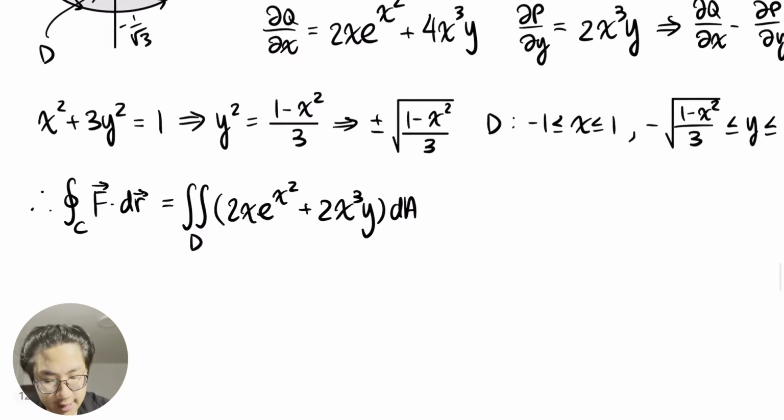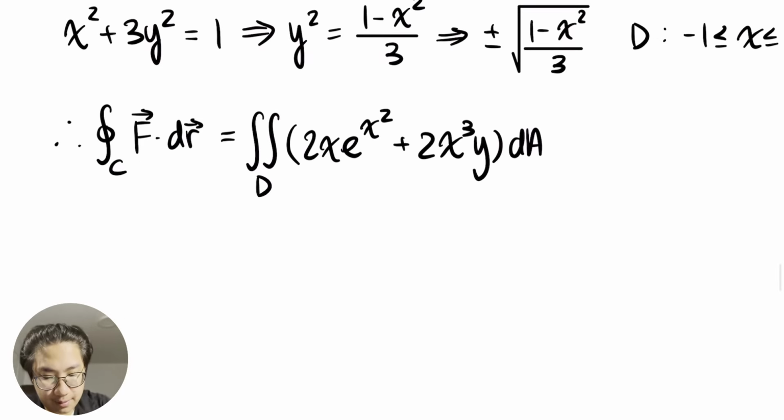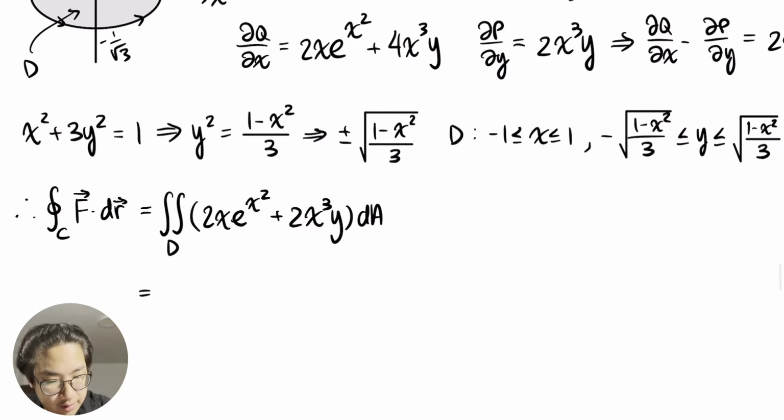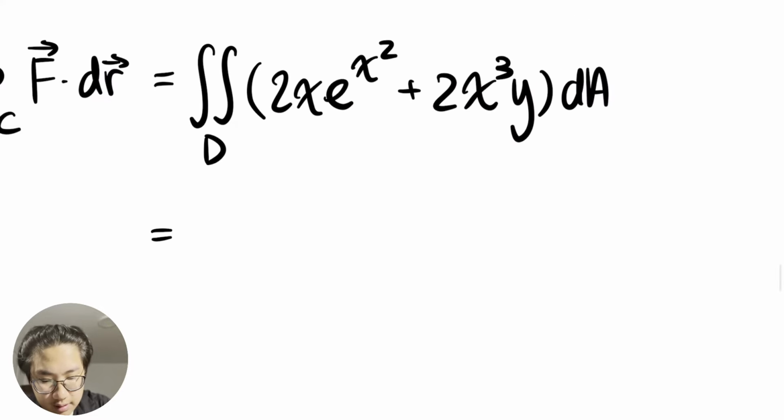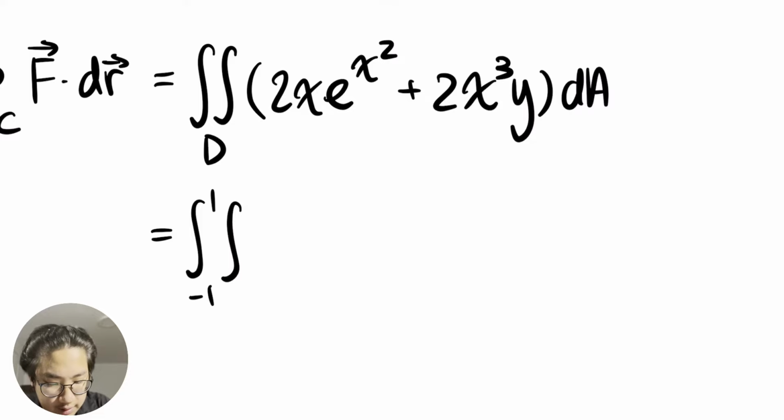Okay, perfect. And then next we can expand things out. So we can rewrite this as the integral between negative 1 and 1, and then this part's going to be a bit messier to write.